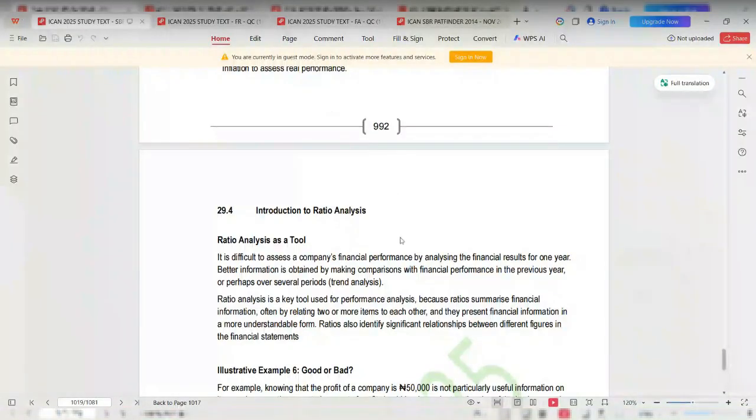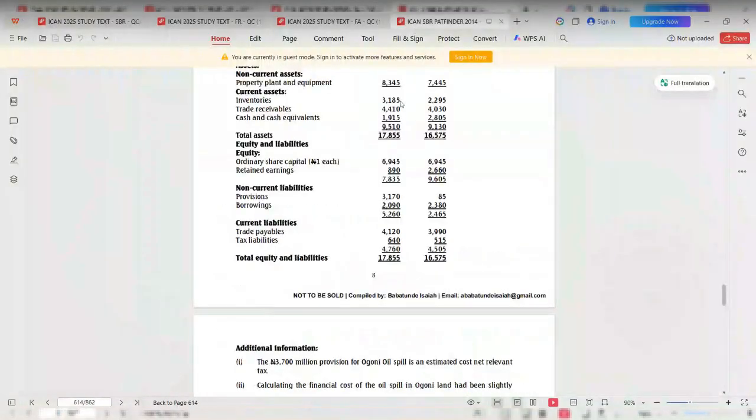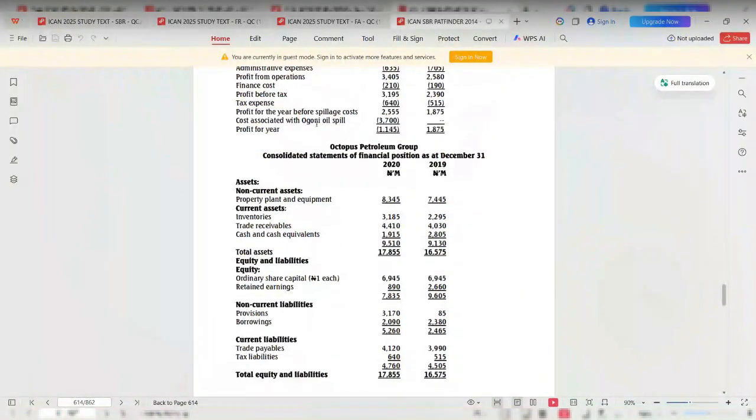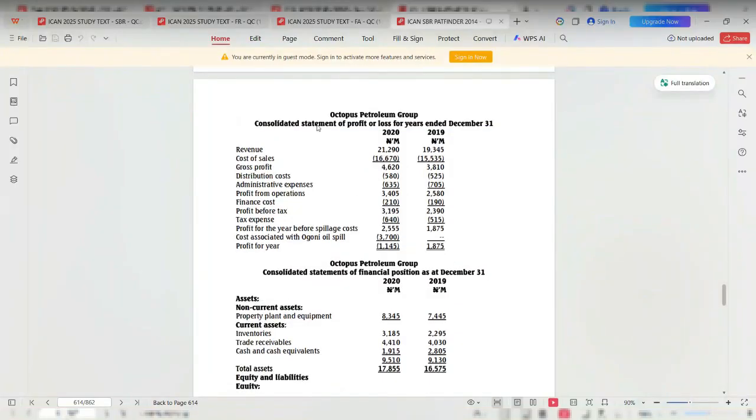So, without wasting our time, let us go to today's question. Today we'll be treating ratio analysis again because we have not exhausted it. As I told us last class, ratio analysis is being repeated almost every diet now.